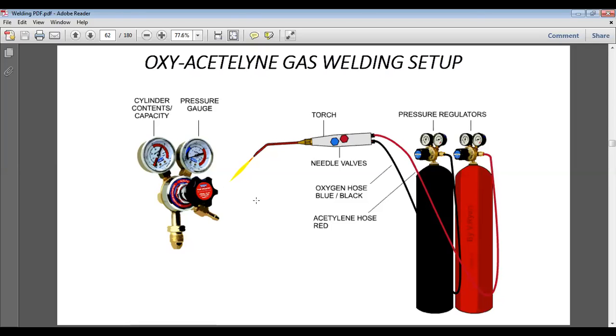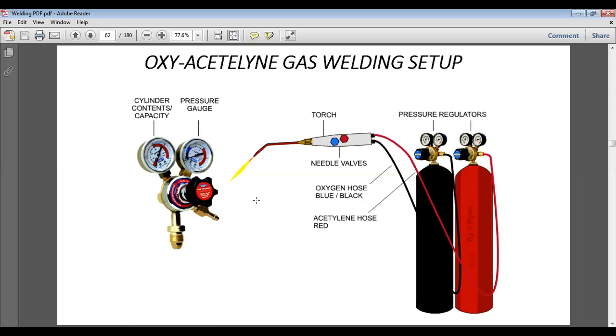One is filled with oxygen, another is filled with acetylene, and we have a control knob. It is basically a regulator that regulates how much oxygen and how much acetylene is being sent to the chamber. Then we have hoses. Hose pipes are the pressure pipes that carry oxygen and acetylene into the mixing chamber. Then we have pressure gauges mounted above the nozzle.